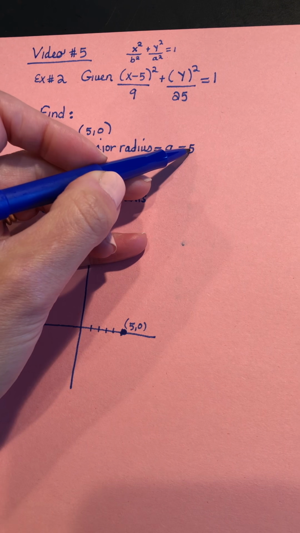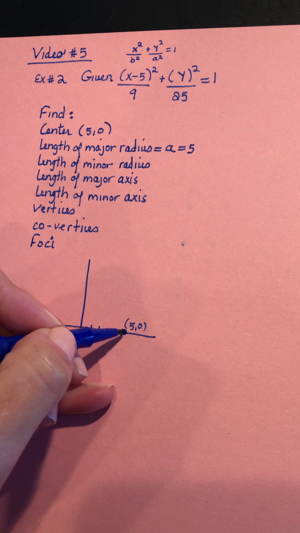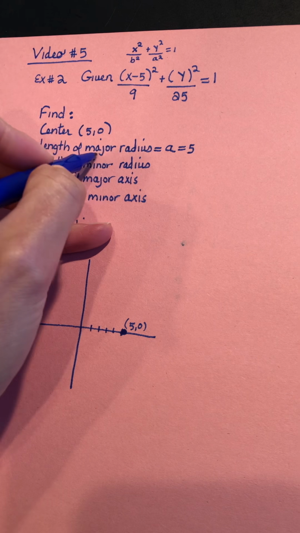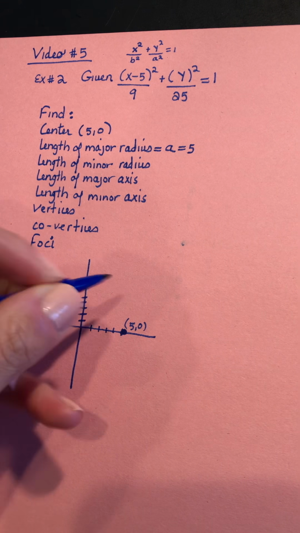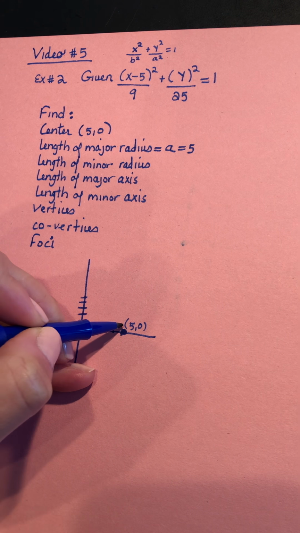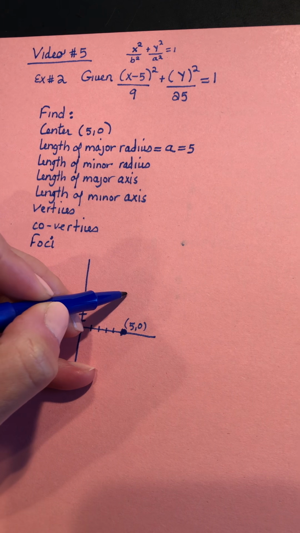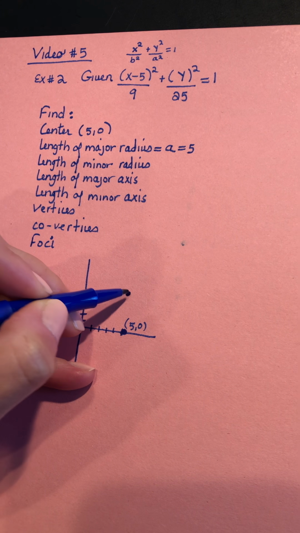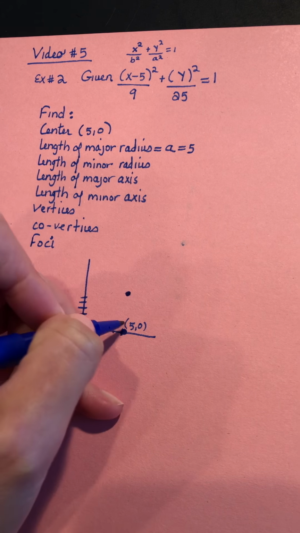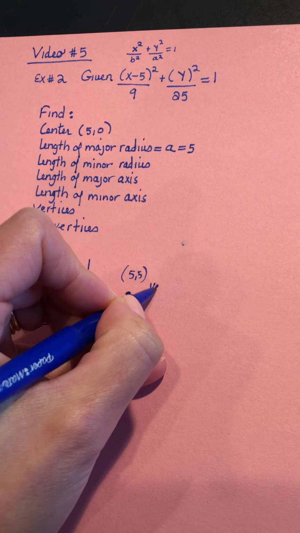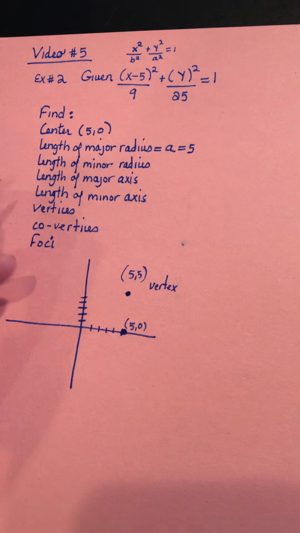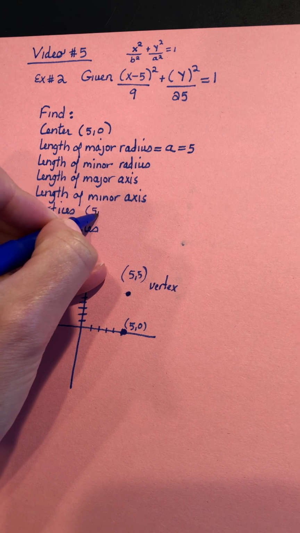So I'm going to count 5 units from the center, but I'm going to go up because the major radius is on the y-axis. 1, 2, 3, 4, 5. And this point here would be the point over 5, up 5, (5, 5), and that is one of my vertices.